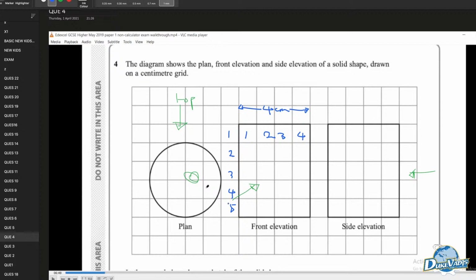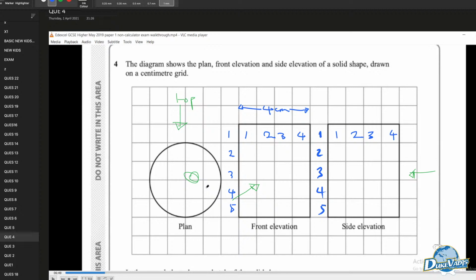In the same way, if you look at this one as well, the side view has got the same dimension, 2, 3, 4. And the horizontal, which is the height, is 1, 2, 3, 4, 5.